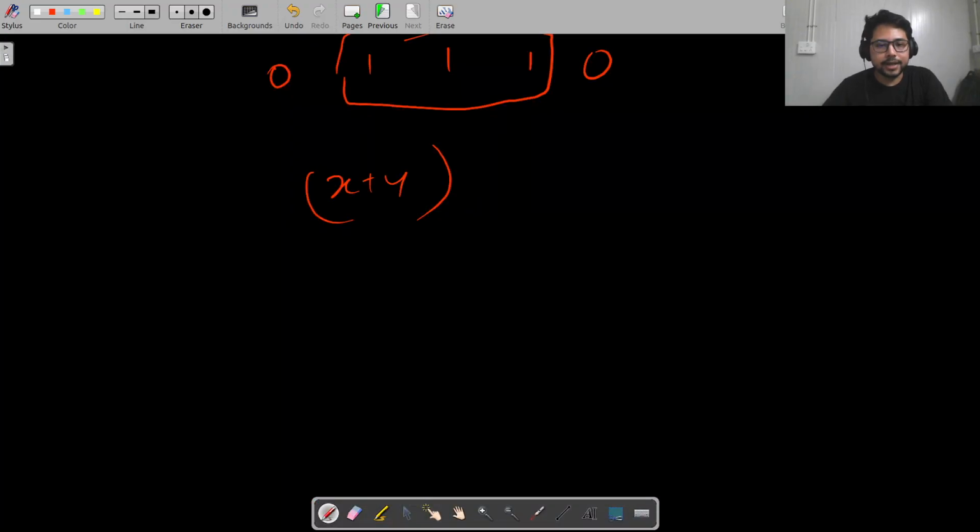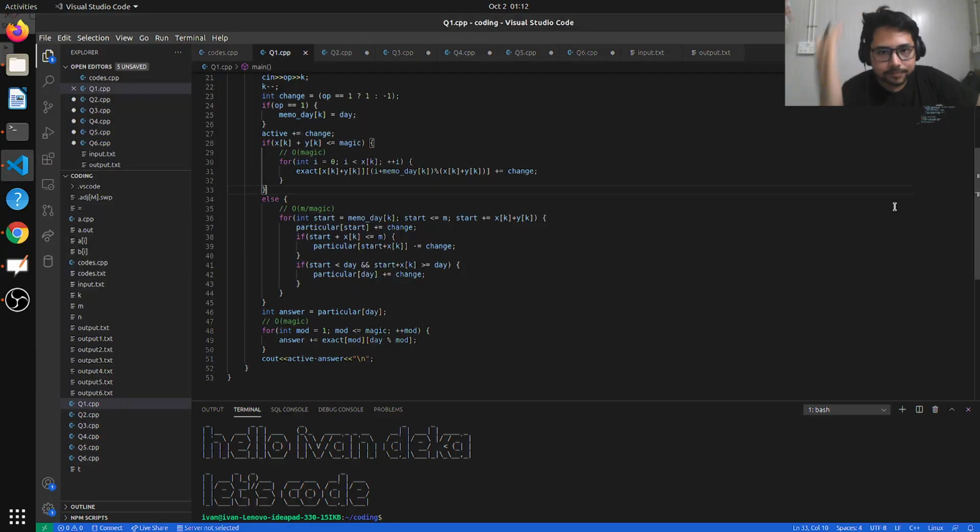And mind you, since x plus y is already less than root m, we can continue the analogy that x is less than root m.